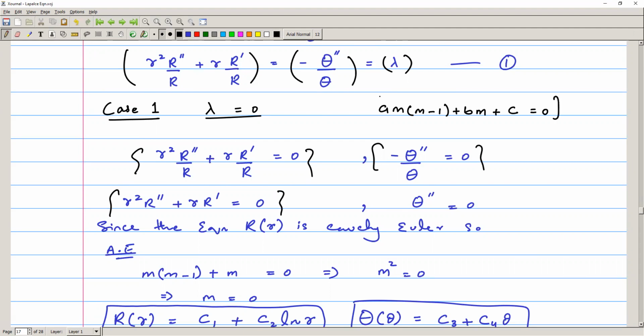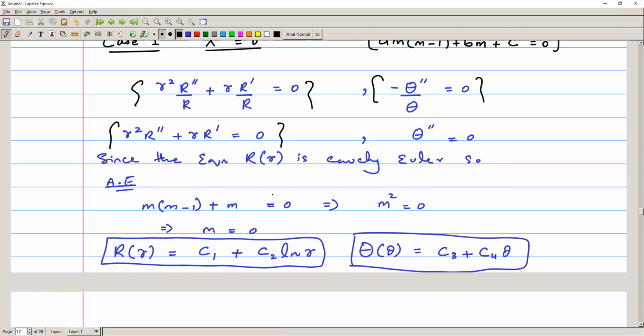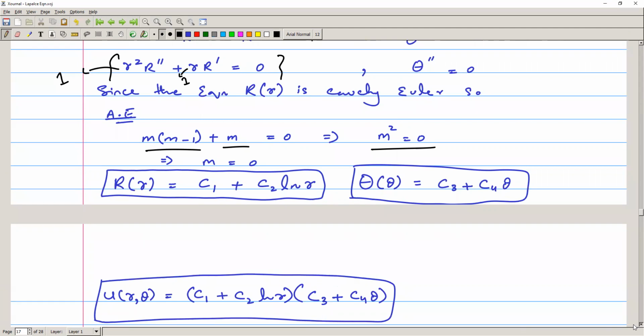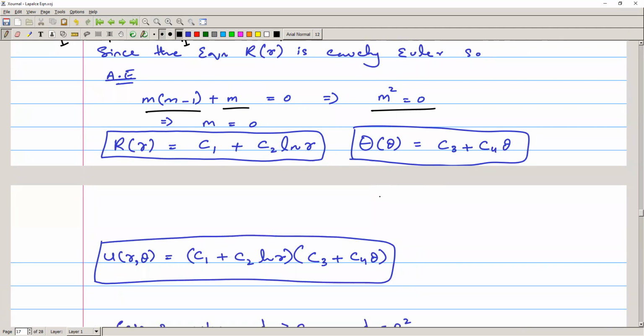Since here a is equal to 1 because the coefficient is 1, and again b is equal to 1, we can write m times m minus 1 plus m is equal to 0, which implies m squared is equal to 0, right? So this implies m is equal to 0.